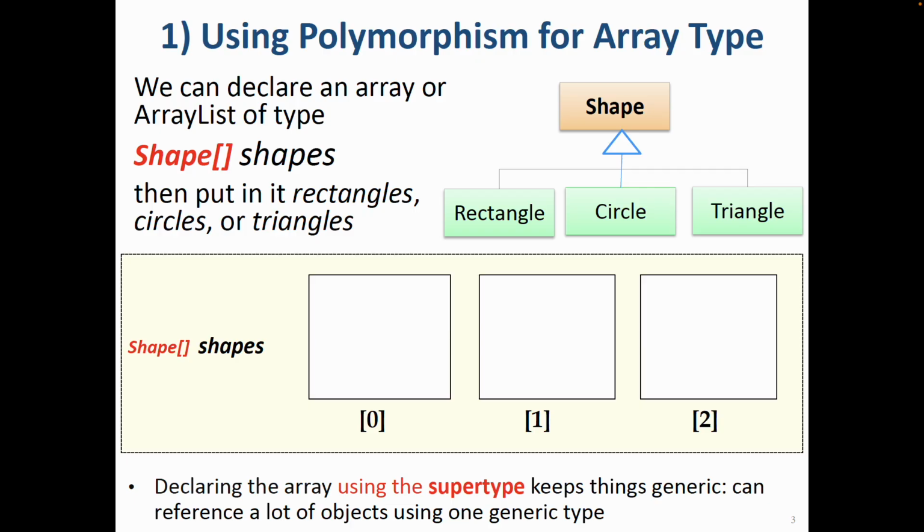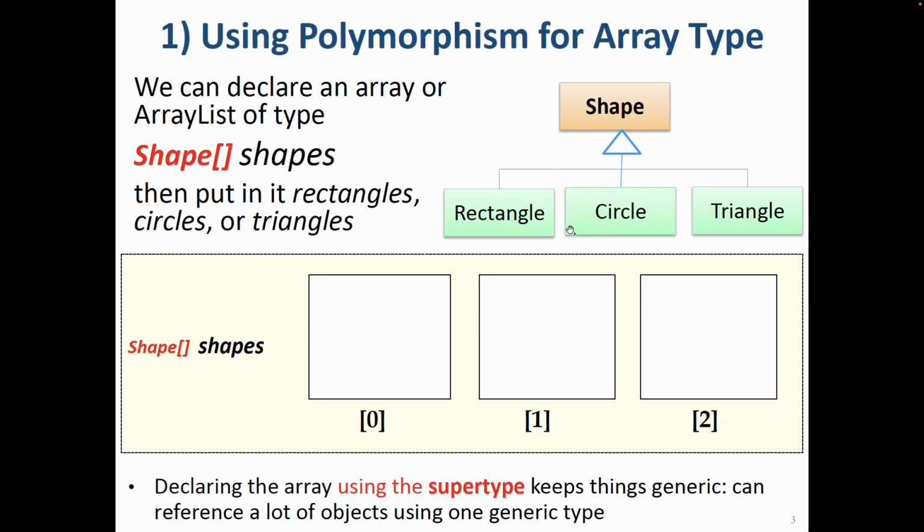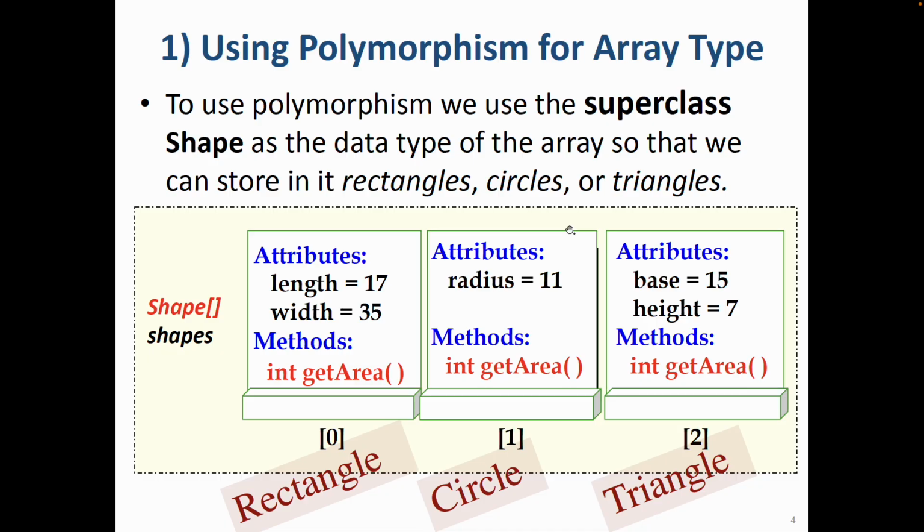So when I do this, what I will be able to do is, in this shapes array, in one of them, I can put a rectangle. In another one, I can put a circle. In another one, I can put a triangle. The reason is that because of the inheritance they have, I can easily say that, okay, rectangle is a shape, circle is a shape, triangle is also a shape. So all of them are a shape. That's why Java will not make it a problem.